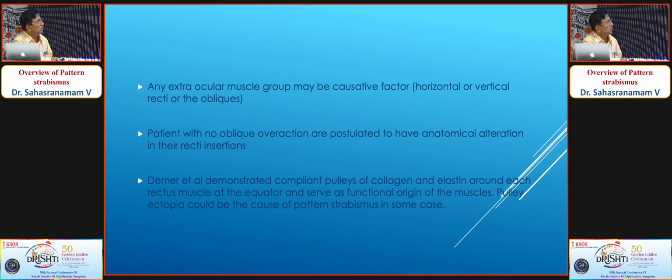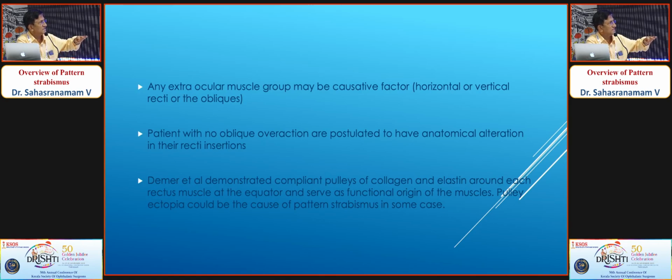Patients with no oblique overaction may also have pattern strabismus, where the horizontal or vertical recti may be the causative factor, which may be due to anatomical alterations in their insertions. Another postulation: Demer et al. demonstrated that there are compliant pulleys of collagen and elastin around each rectus muscle at the equator.